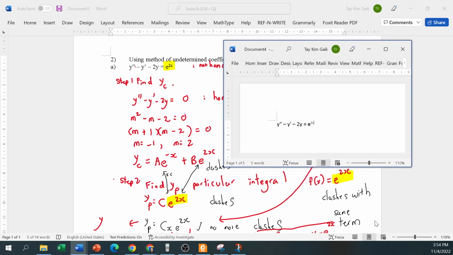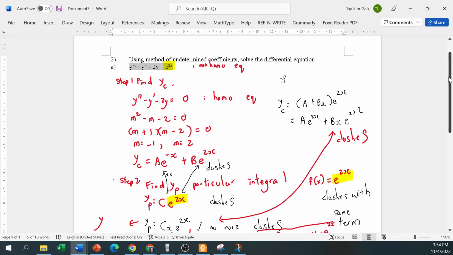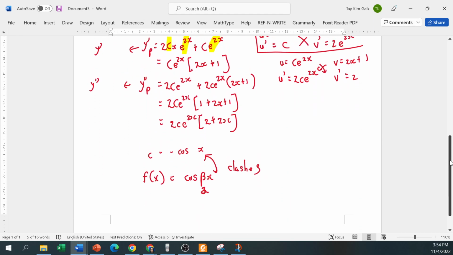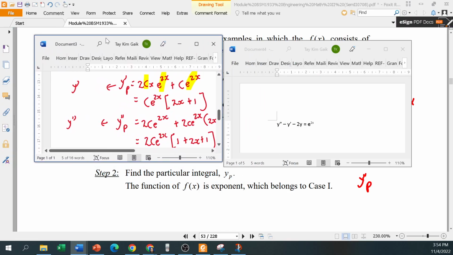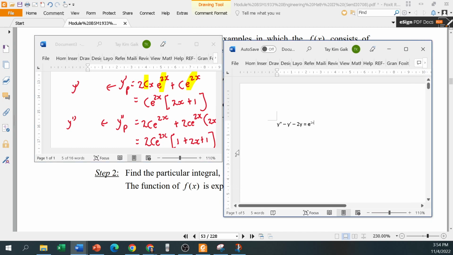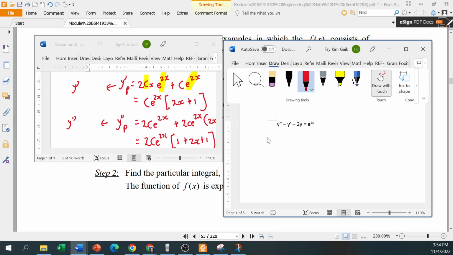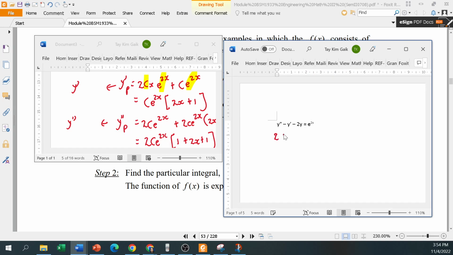Okay, so the y double prime that we obtained from y double prime p here is 2c exponent 2x, so its total is 2 plus 2x.